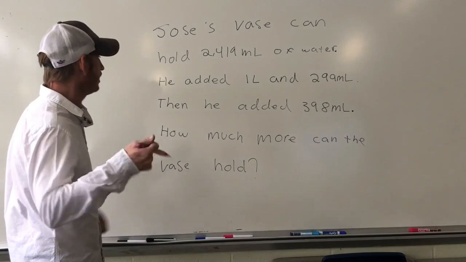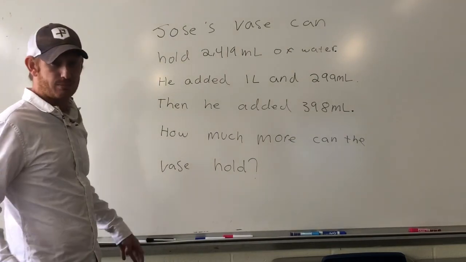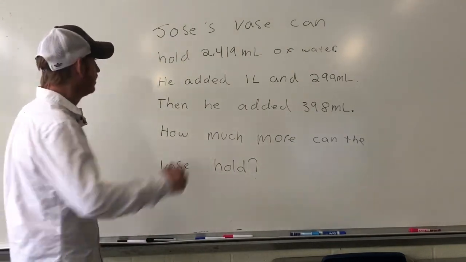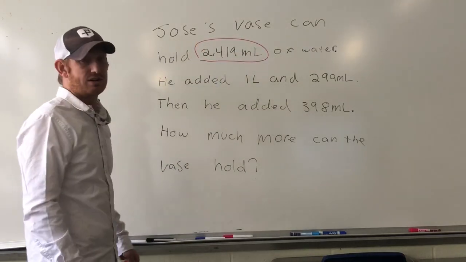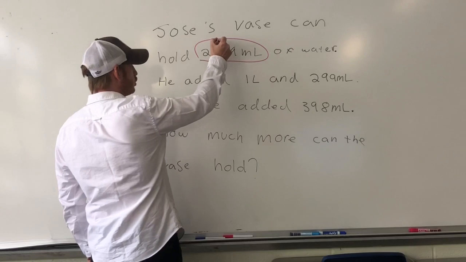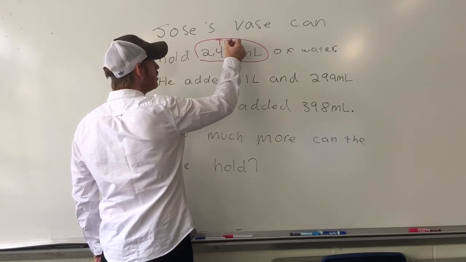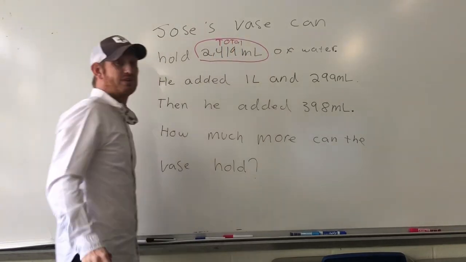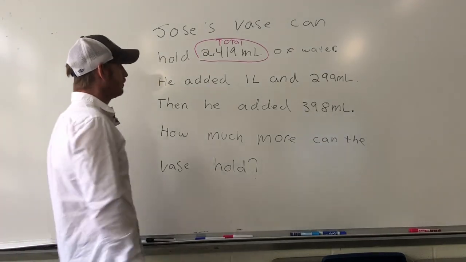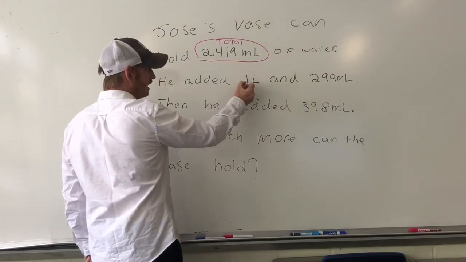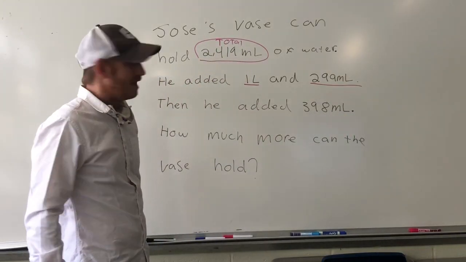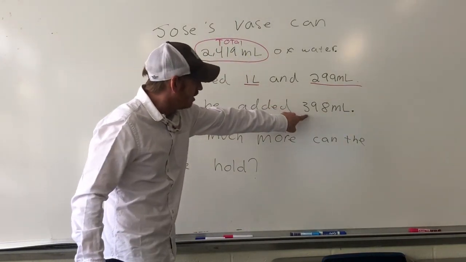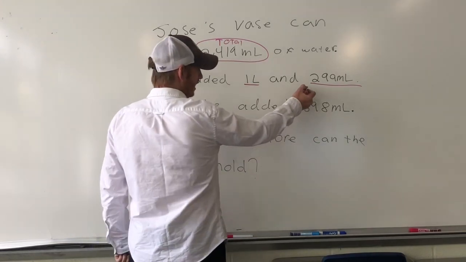So on our problem here, we know that our maximum, our total, is 2,419. That's our total. And we know that we're going to have 1 liter, 299 milliliters, and then we're going to add 398.